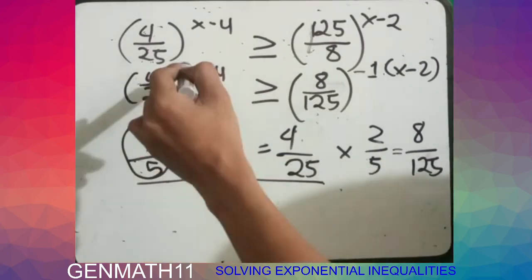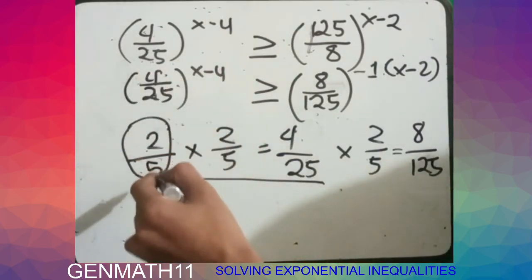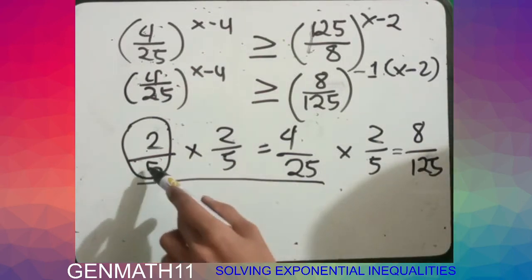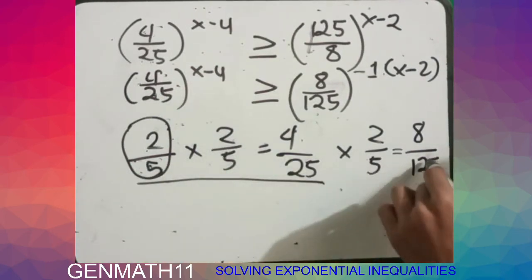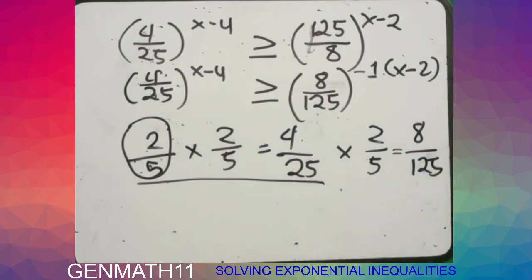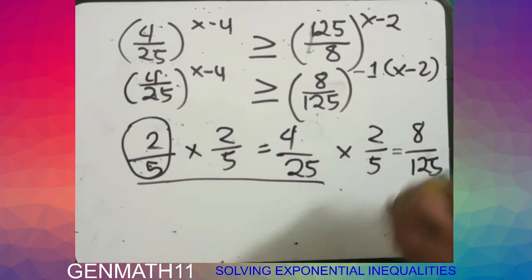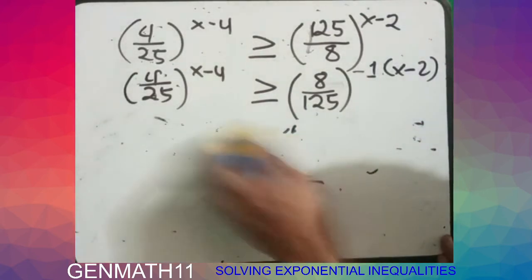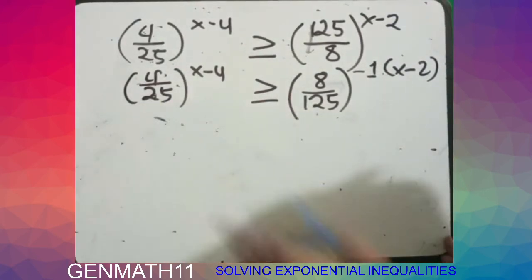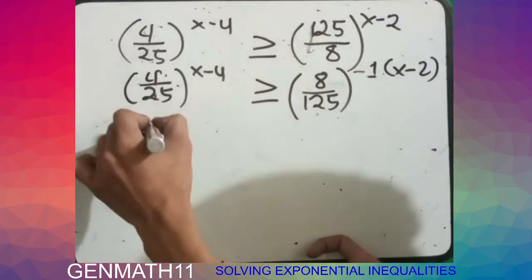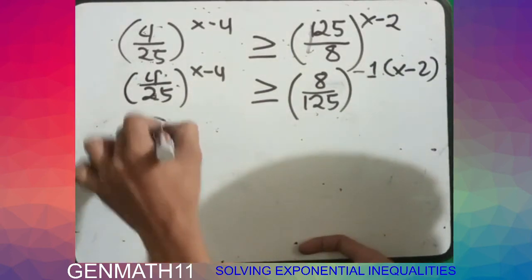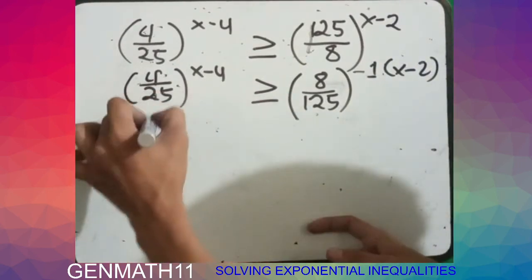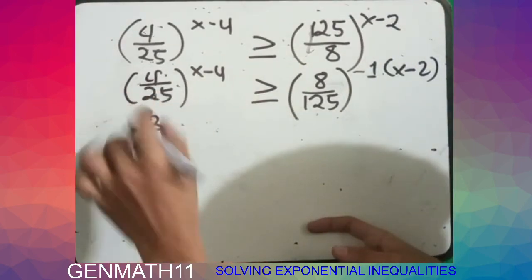So, 2 ang ating exponent kapag naging 2 over 5 yung ating base. Kapag naman 8 over 125, tatlong beses, kasi 1, 2, 3. So, 3. So, burahin natin to. So, magiging 2 over 5.